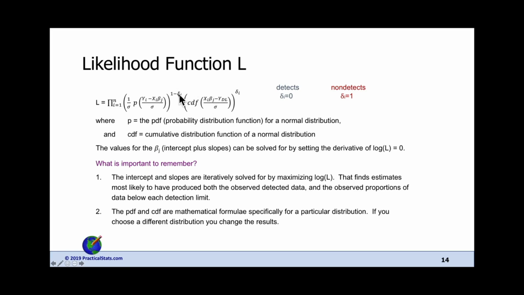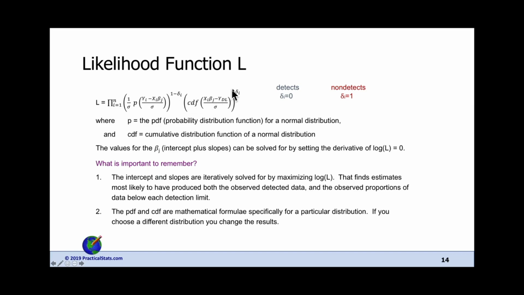The other thing is this squiggly delta up here, or 1 minus delta. So that's an indicator. That's what's in that second column when you put it in there in the regression or the correlation. And so there's a 0 for detected values and a 1 for non-detects. So let's suppose you had a detected value. So delta i is 0. If you do, 1 minus delta is 1. And we're going to be using this piece of the equation.